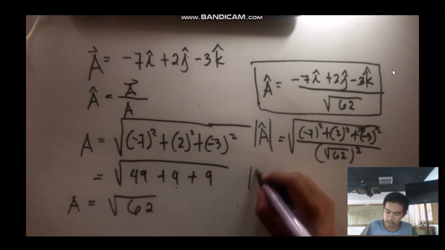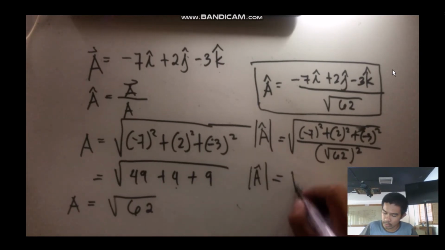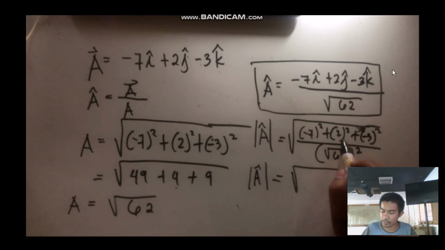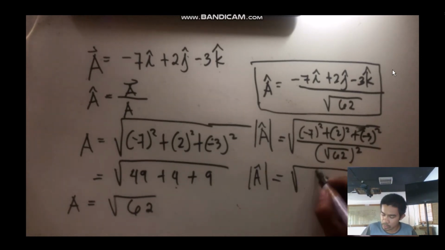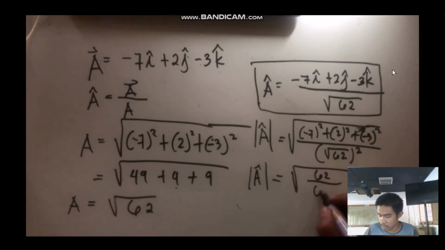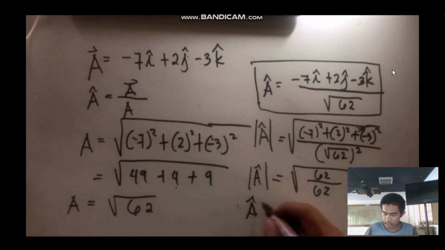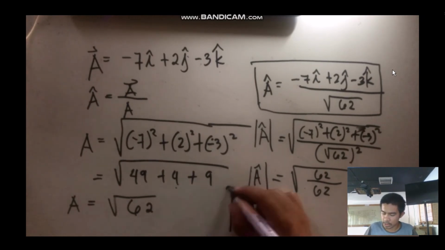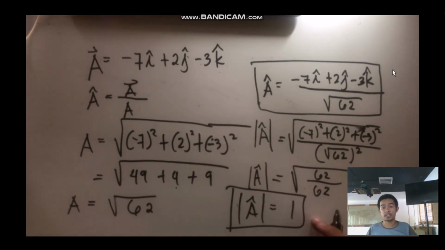So that is the square root of 49 plus 4 plus 9, that's 62, over 62, since the square of the square root of 62 is still 62. Then unit vector A has magnitude equal to 1. So that's how you double check. If the magnitude of that unit vector is not equal to 1, then that is not a unit vector.